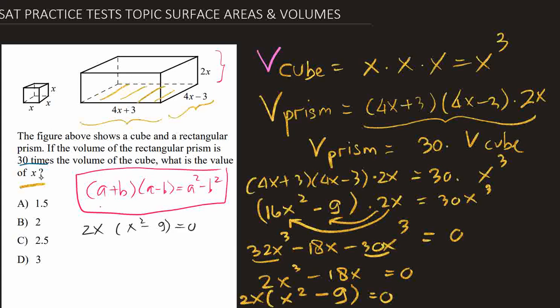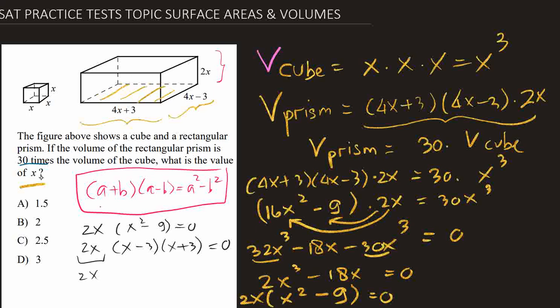So this will be 2x times x minus 3. Again, we use this formula. Now this x squared minus 9 is the a squared minus b squared. We have to factor it into x minus 3 and x plus 3, because the square root of x squared is x and the square root of 9 is 3, equals 0. Now we have 3 possibilities.